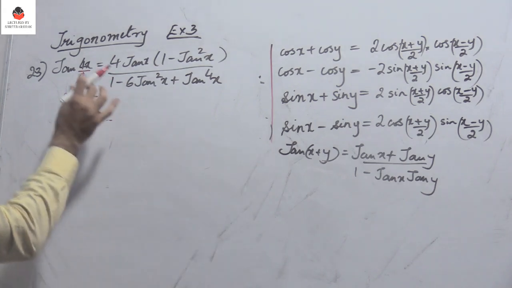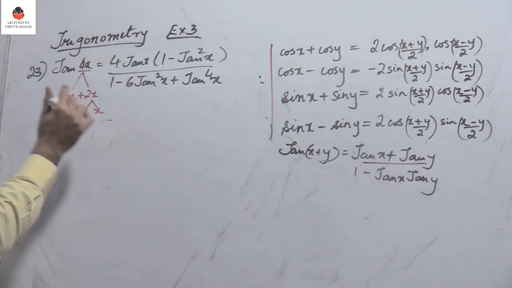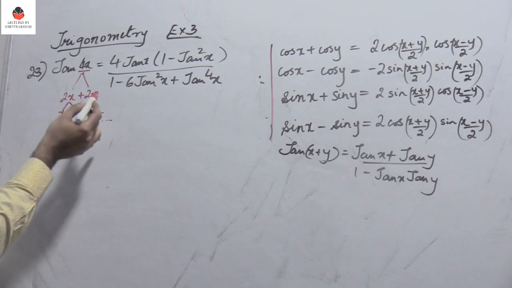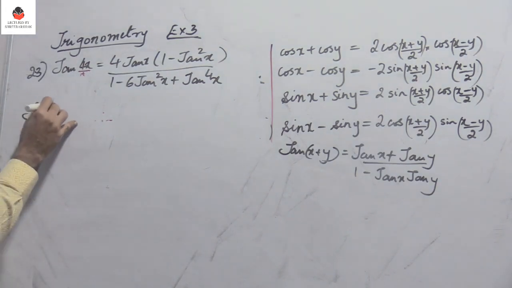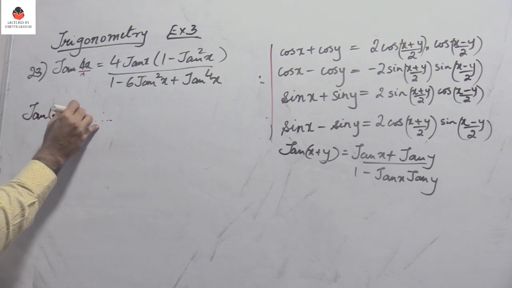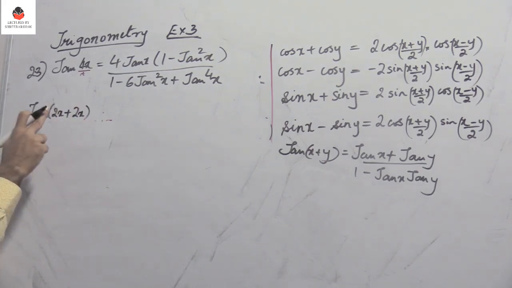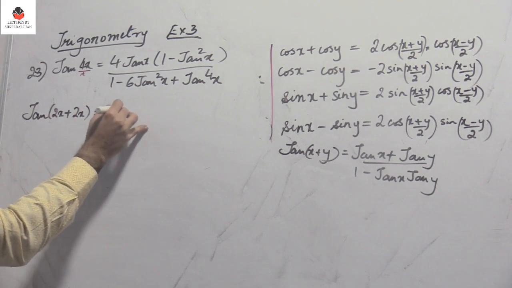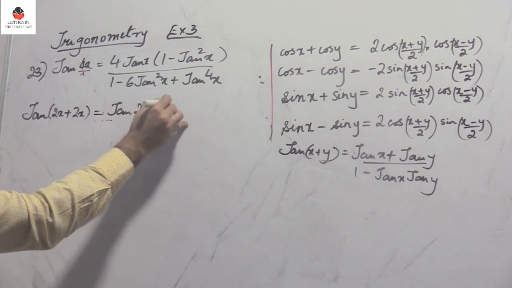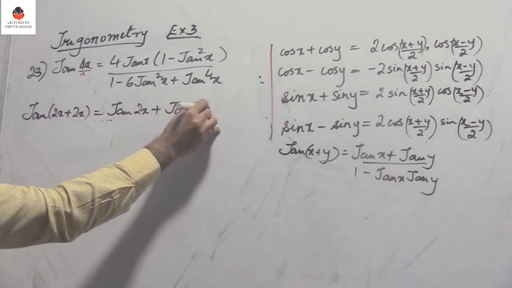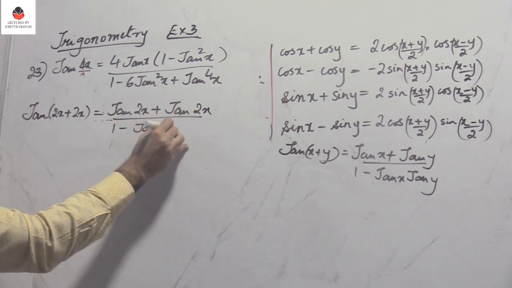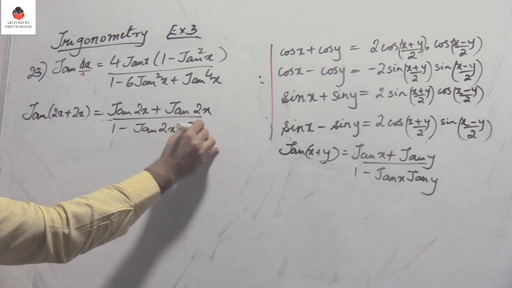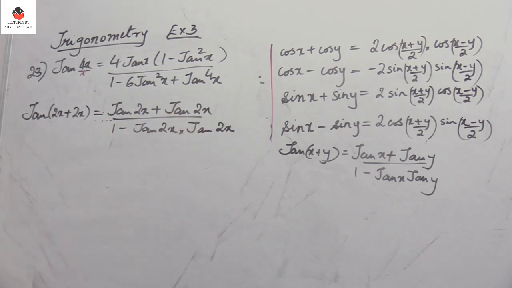So using this formula we can easily get the answer if I split 4x as 2x plus 2x, because that looks easier. So tan of (2x plus 2x). So here x is 2x, y is also 2x, which is (tan 2x plus tan 2x) divided by (1 minus tan 2x into tan 2x).